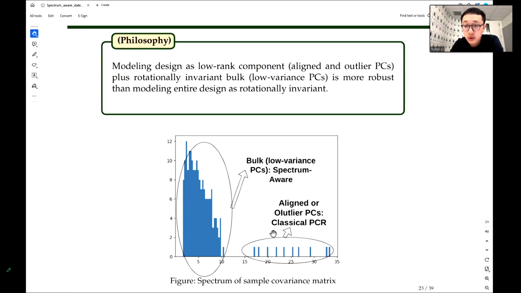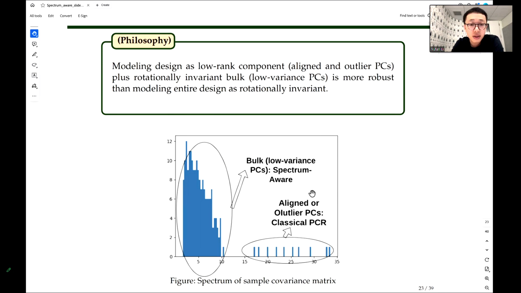So the proposal is that instead of modeling the entire design matrix as a random matrix, you only model the bulk as the random matrix, but these outlier PCs, or PCs that can align with your signal, you model them deterministically, and you handle them using the classical principal component regression method. And that's basically a more robust way of modeling the design matrix.